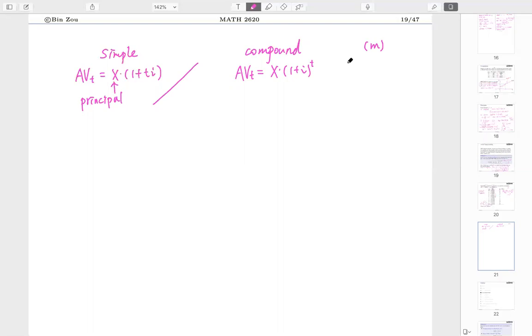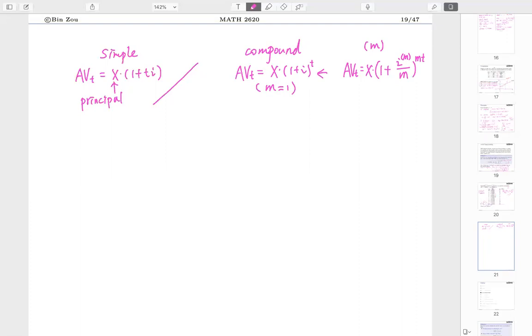So in this more general form, we have AVT equals x times 1 plus i. So here for the notation purpose, we will put a superscript to denote this is the nominal rate compounded m times a year. So here is nothing but a special case when m is 1, okay? So this is the definition of both simple and compound interest rate.